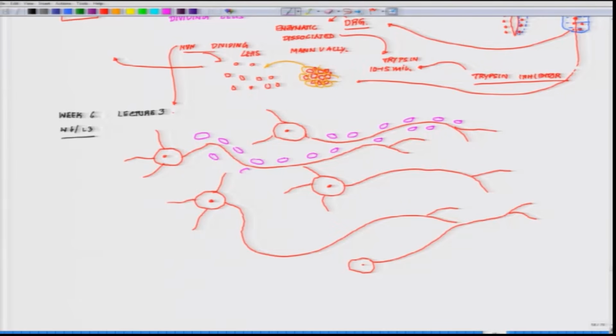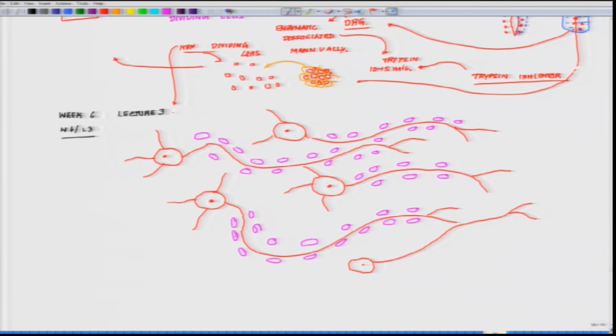So, one thing which could happen is the Schwann cells will migrate towards the axon, and along the axon the Schwann cells may form exactly the way it happens.